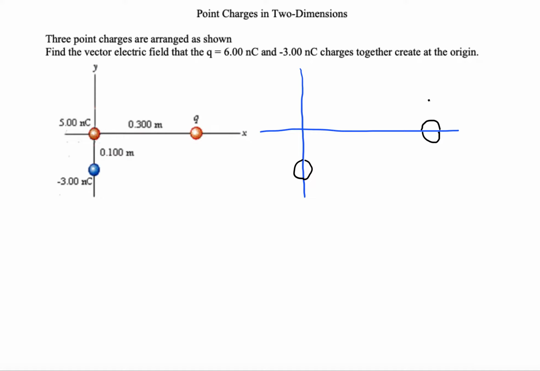We have a positive 6 nanocoulomb charge on the right. And we have a negative 3 nanocoulomb charge on the bottom here. I'll call that one Q3.